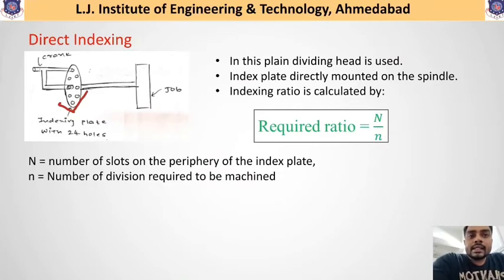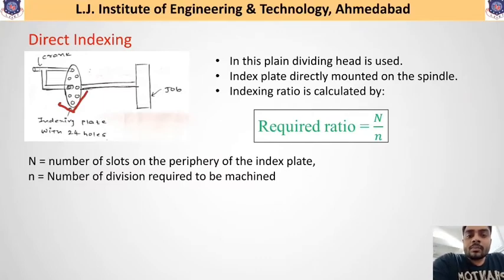For the direct indexing method, please keep in mind that only the plain dividing head will be used, because we have studied the plain dividing head and the universal dividing head, but for direct indexing only the plain dividing head is used. As we know, the plain dividing head is useful for plates having 12 to 24 holes on their periphery.